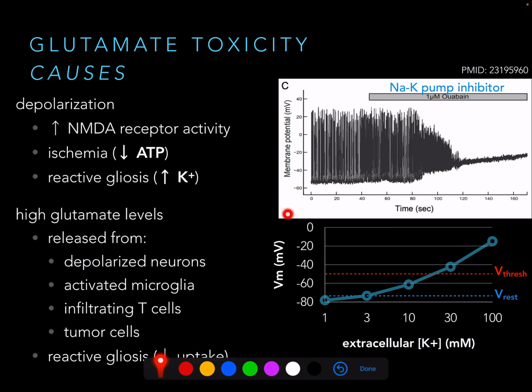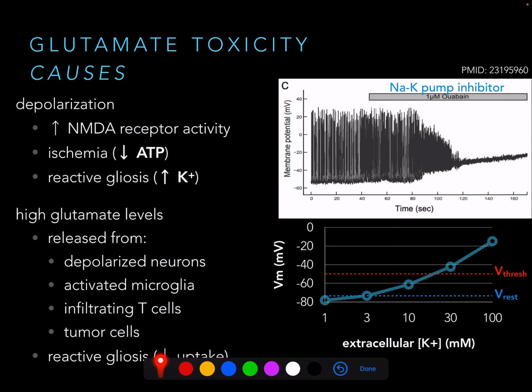So let's look up here at these data. The x-axis is showing us time in seconds, and the y-axis is showing us the membrane potential. You'll notice this neuron is fairly active. That's what all the spikes are here. Those are action potentials. After about 45 seconds, they apply 1 micromolar of ouabain, which is a sodium-potassium pump inhibitor.